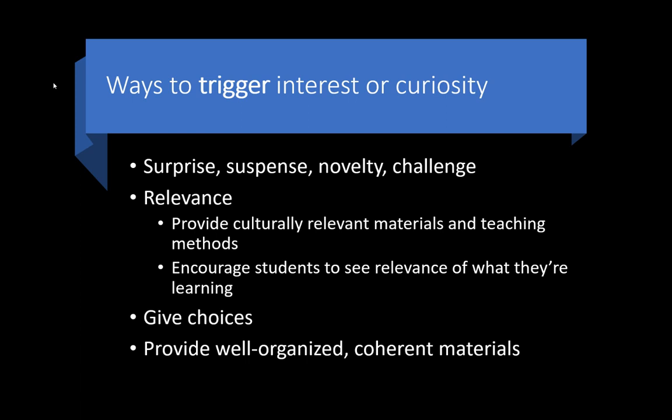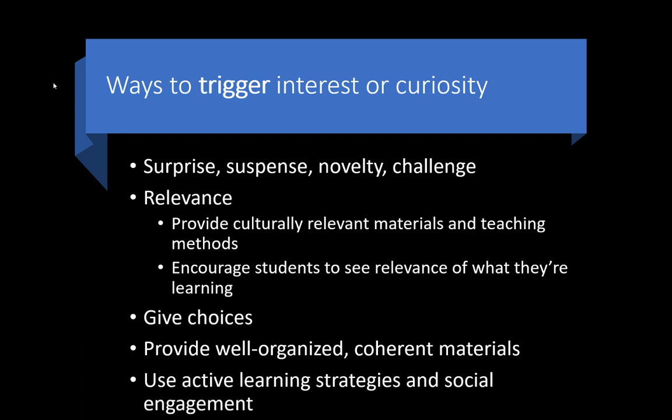If students perceive what they're reading to be well organized, thought through, coherent, they make sense, then students tend to be more interested. So we tend to be less interested, less curious when we see things as being sort of disorganized or not making sense to us. And so these are ideas for triggering interest or curiosity in the moment.